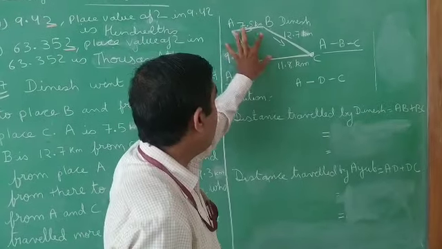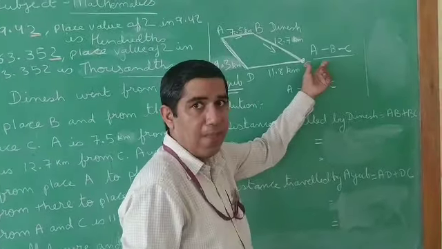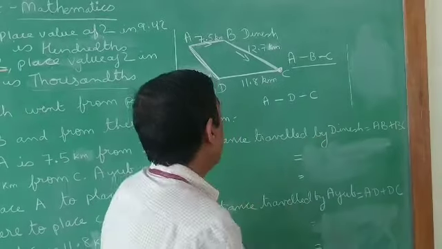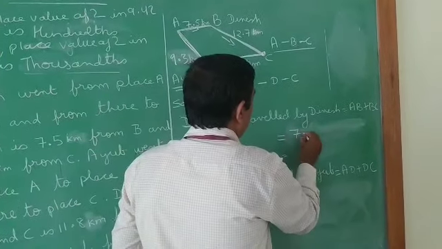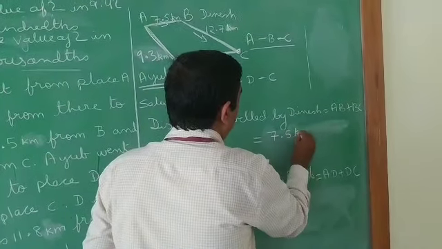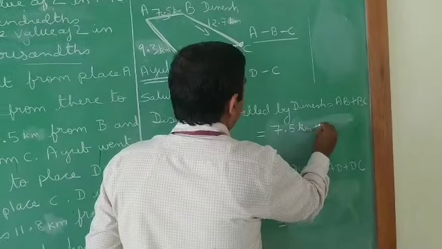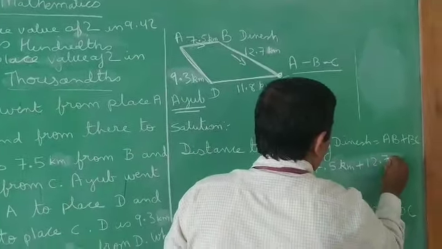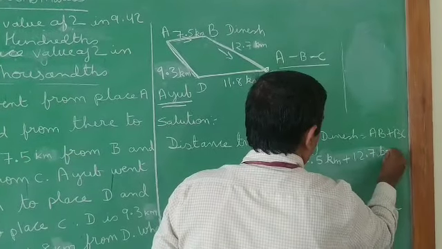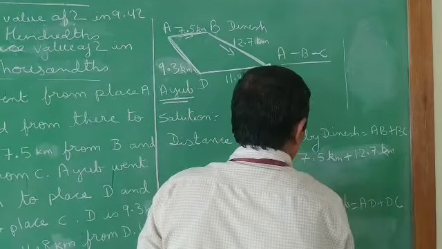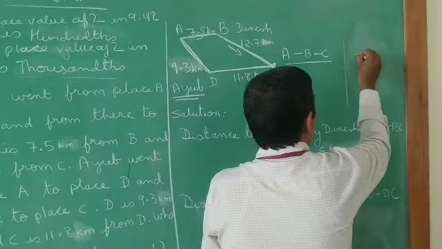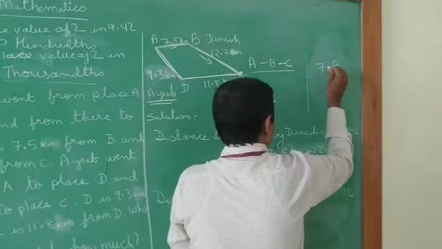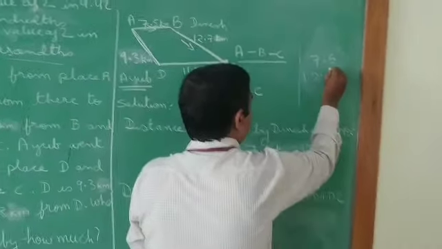It is AB plus BC. AB is 7.5 km and BC is 12.7 km. Now, what is the answer of 7.5 plus 12.7?